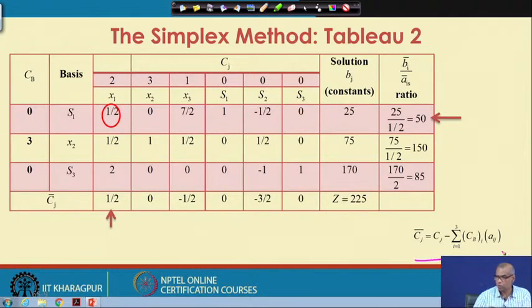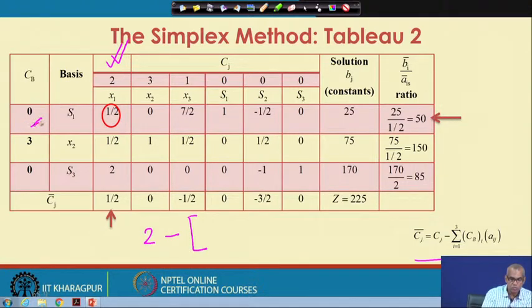So, using this formula, we compute Cj bar. So, Cj bar can be computed as Cj. Let us find out for non-basic variable x1. So, this is 2, which is Cj, minus Cbi Aij.